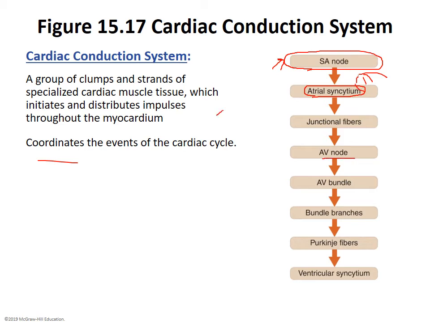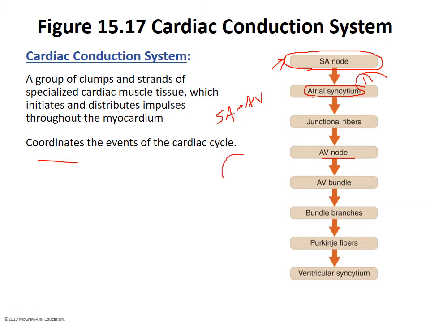So you've got the SA going to the AV. So the A's kind of connect each other. The AV node is pretty much right in the middle between the two atria and the two ventricles. It's really on the atrial side, but it's between all those.